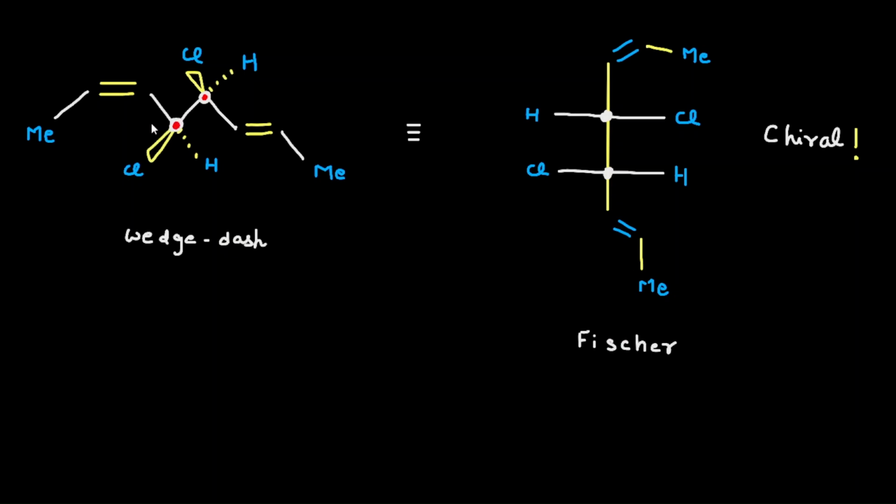If you see this particular carbon, it is attached with four different groups. One, two, three, four. All the four are different, therefore it's a chiral center.